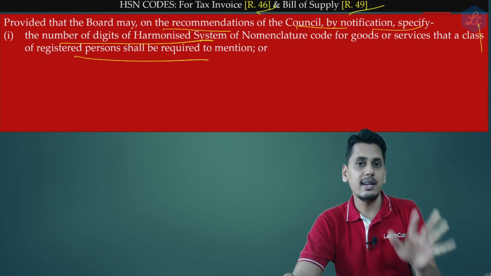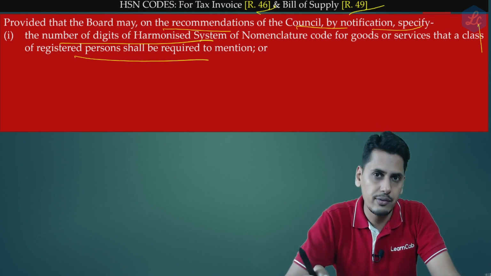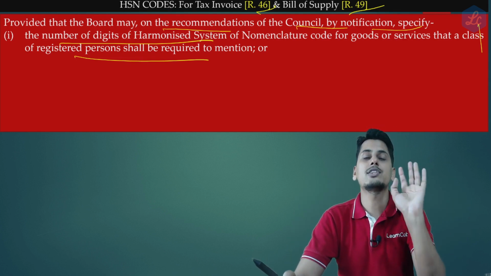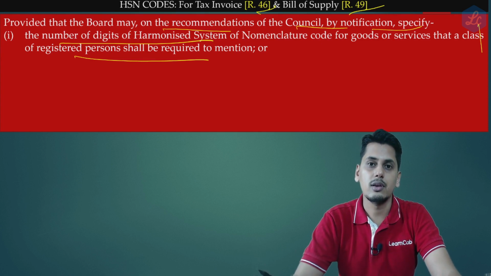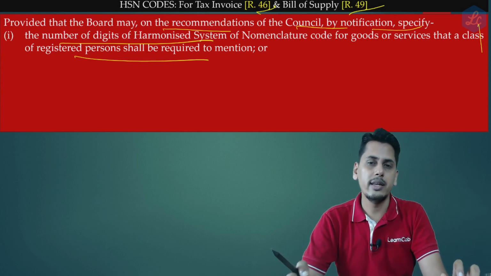Friends, basically HSN is an 8-digit number. So the contents of tax invoice and the contents of bill of supply state that HSN code has to be mentioned on these documents. What do we mean by HSN code needs to be mentioned? It means the 8-digit number needs to be mentioned.